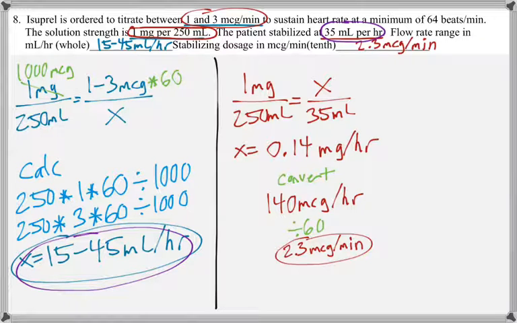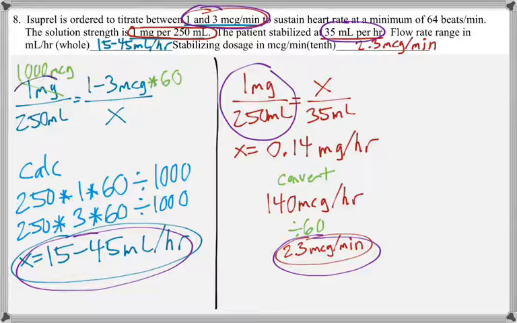And then the stabilizing dosage in 2.3 micrograms per minute, that needs to lie within this range. Also, another check is, did you use the solution strength twice? On these titration questions, you always need to use the solution strength twice.